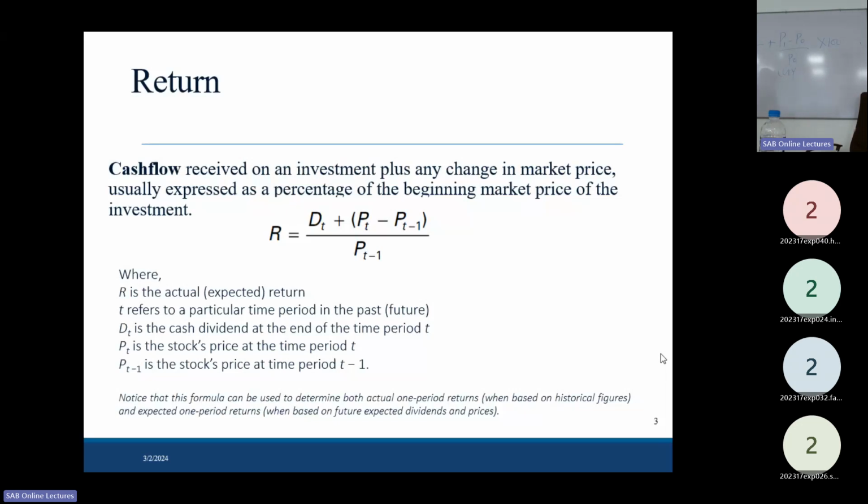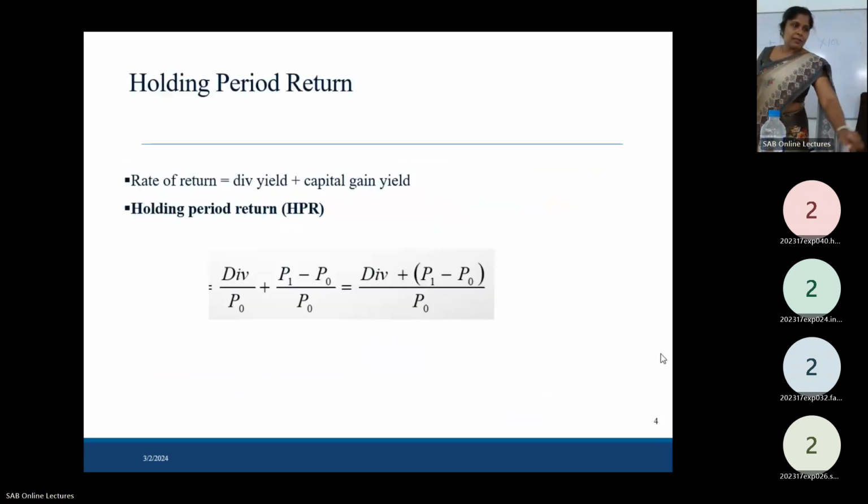T refers to the particular time period, past or future. DT is the cash dividend at the end of time period T. PT is the stock price at time period T. PT minus 1 is the stock price at time period T minus 1. Likewise you can calculate return using this formula, for past data as well as expected data.